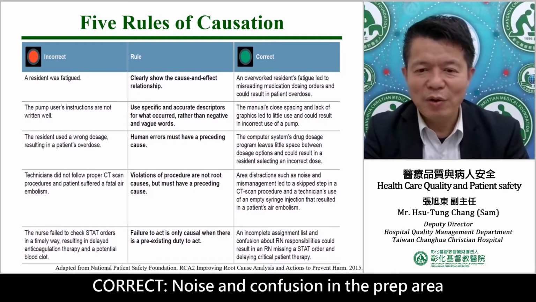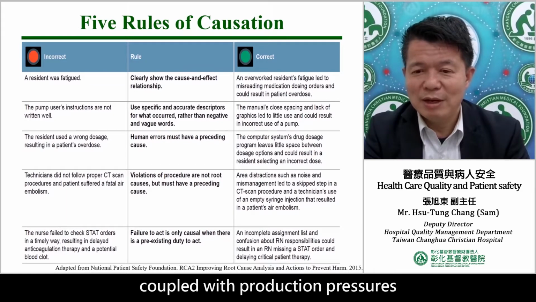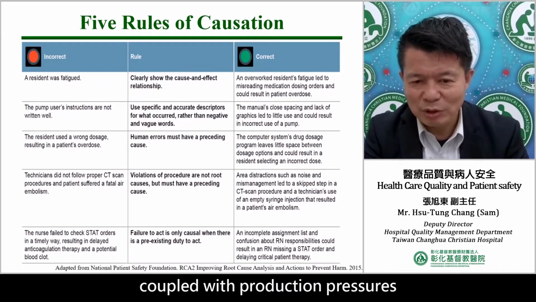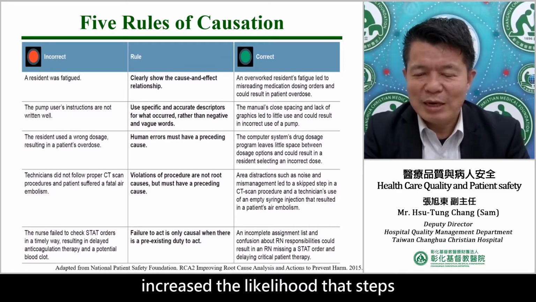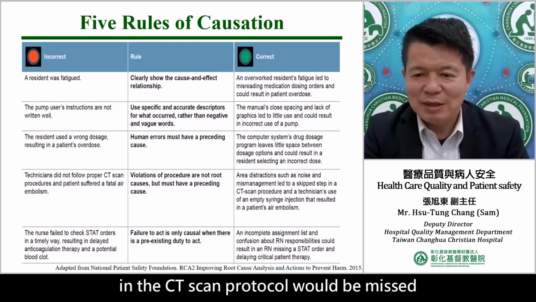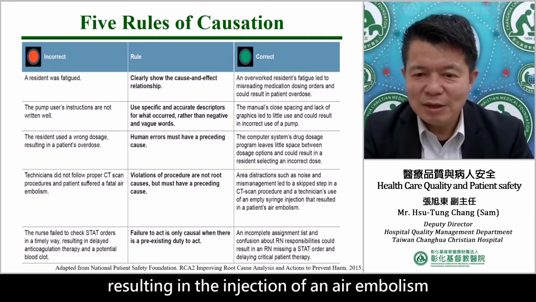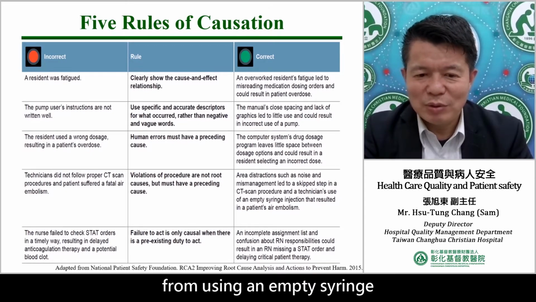Correct: noise and confusion in the prep area, coupled with production pressures, increased the likelihood that steps in the CT scan protocol would be missed, resulting in the injection of an air embolism from using an empty syringe.